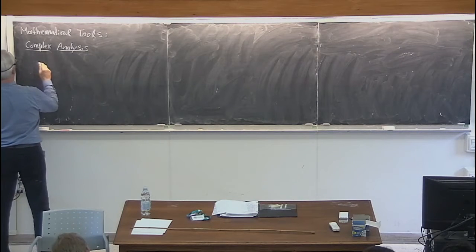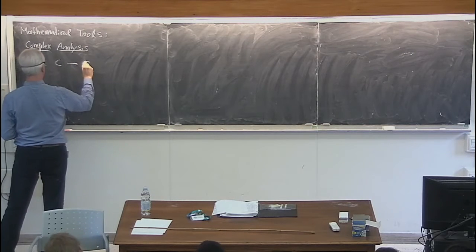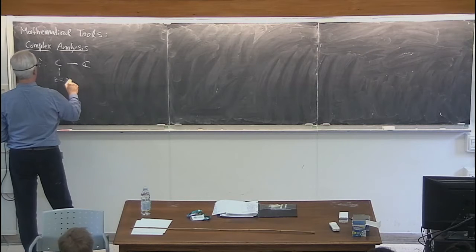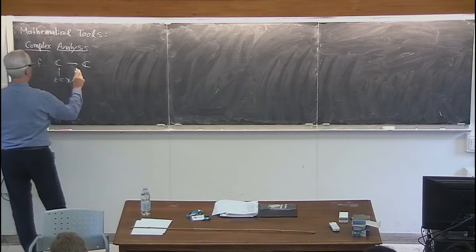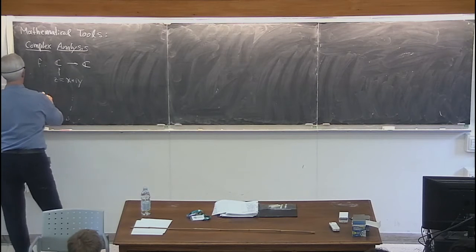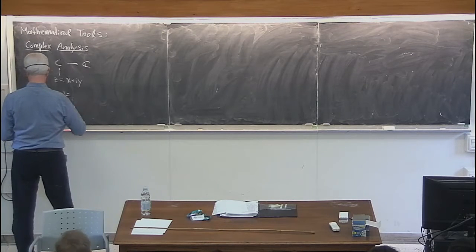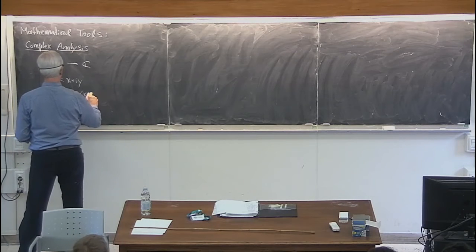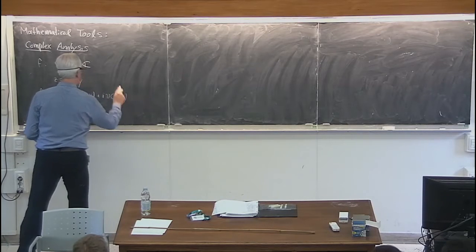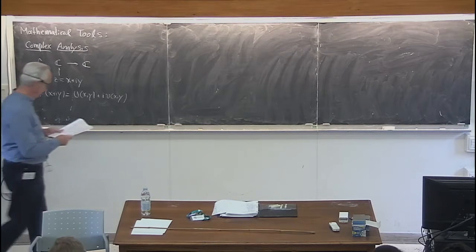So we'll be looking at complex valued functions, from the complex numbers to themselves. We'll let z be x plus iy in terms of its real and imaginary parts. And a function will have real and imaginary parts, which are functions of the real and imaginary parts of z.